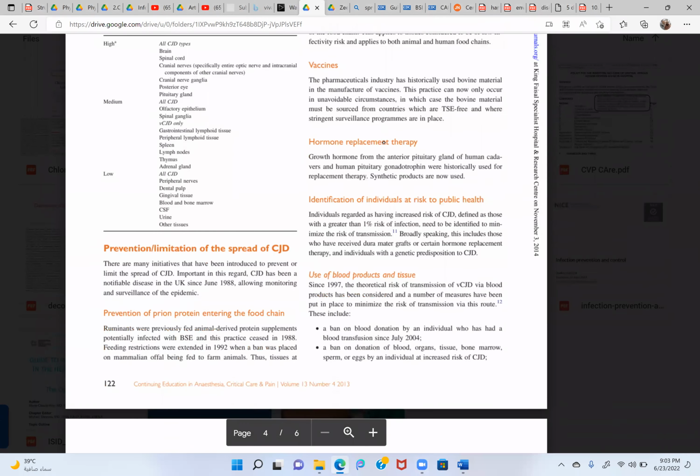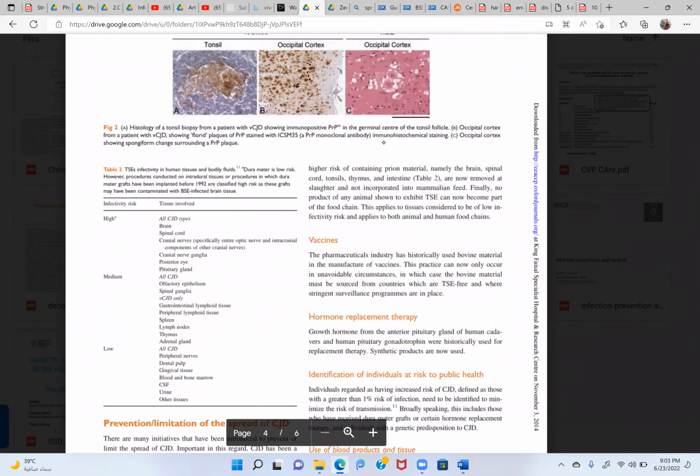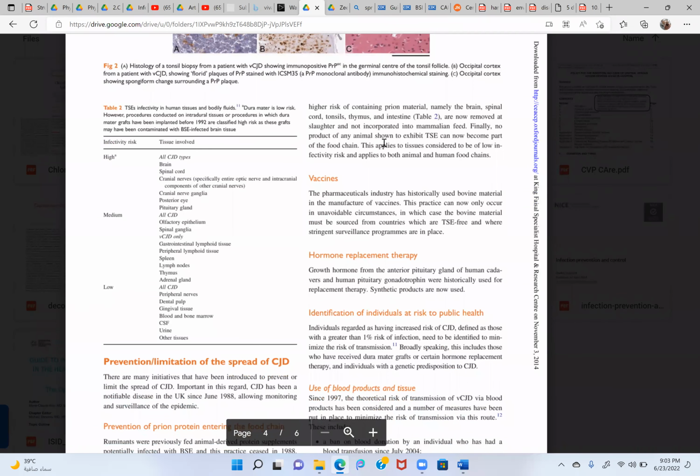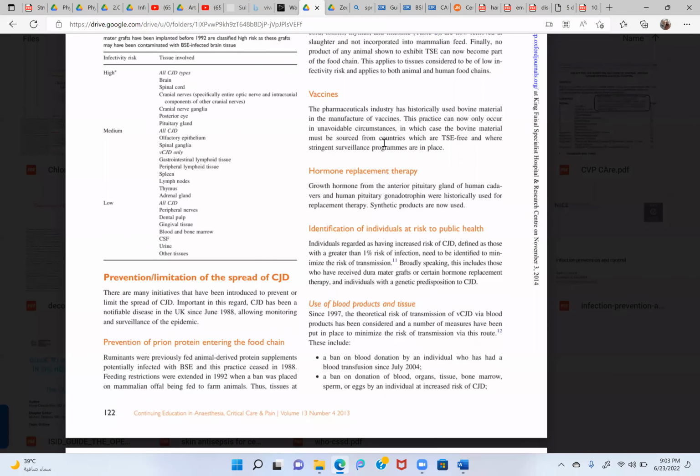As I told you, prevention is the mainstream for it. They are trying to have vaccines, bovine medical vaccines only occur in unavoidable circumstances.